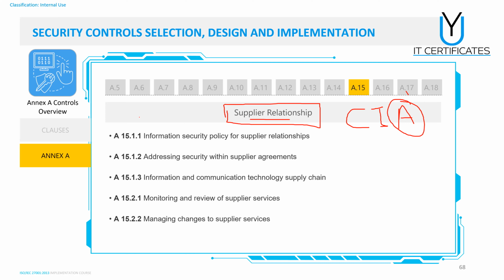You have to create a communication channel between you and the suppliers. You have to define the data. When we discussed the communication plan earlier, this is very important because suppliers are part of the stakeholders, which should be included in the communication plan as well.